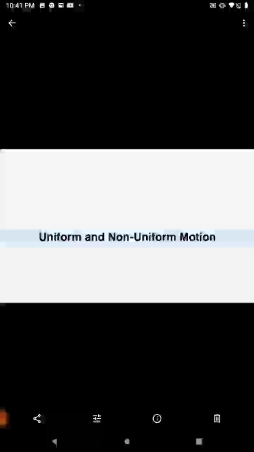So our next topic was uniform and non-uniform motion. So what do you mean by uniform? For example, in school, everyone has a similar dress code, which is known as uniform. Uniform means similar, same, and non-uniform means non-similar.